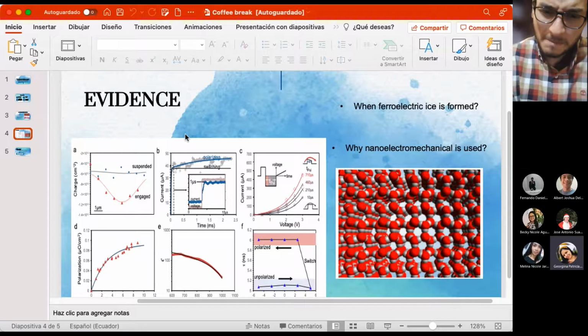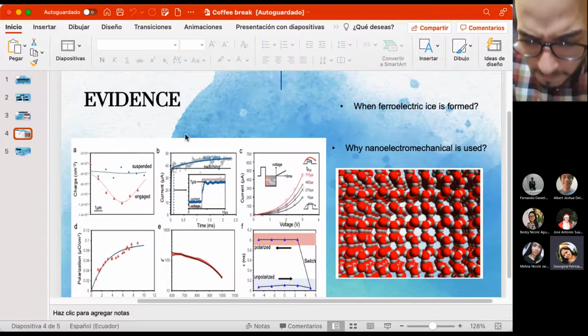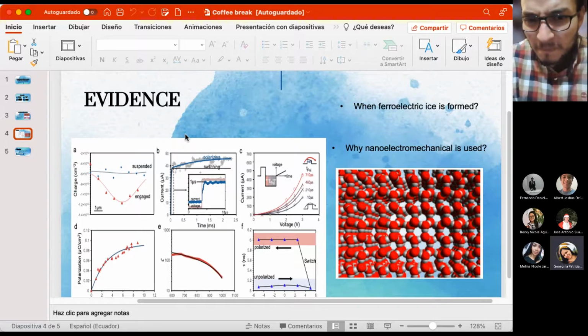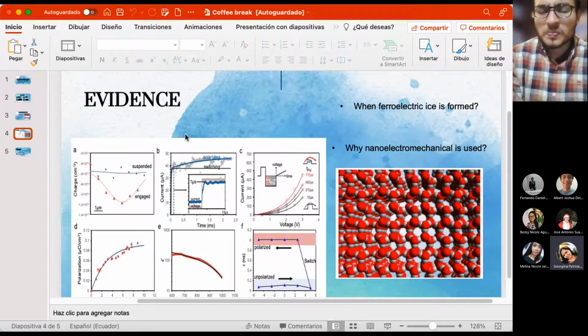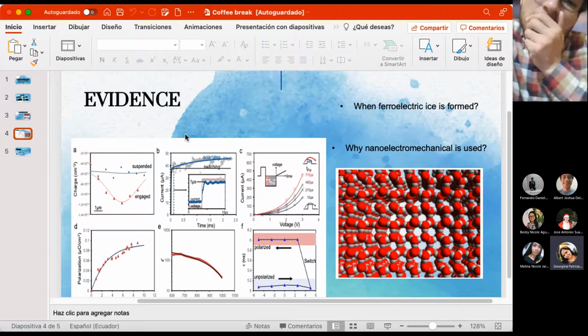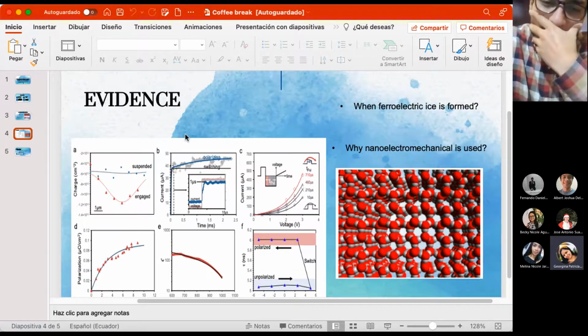And in this picture, the researchers identify the formation of an injection barrier.